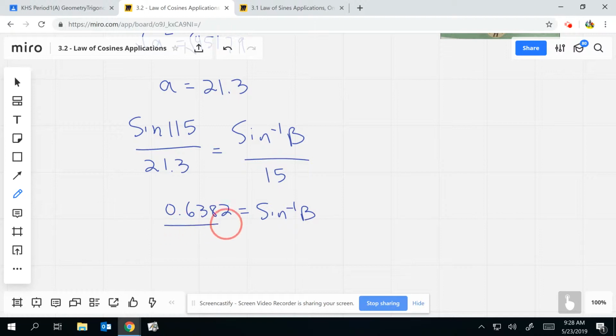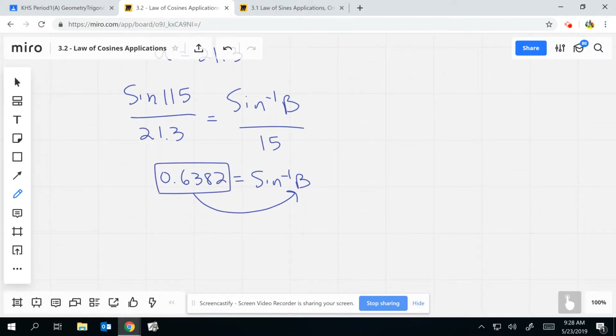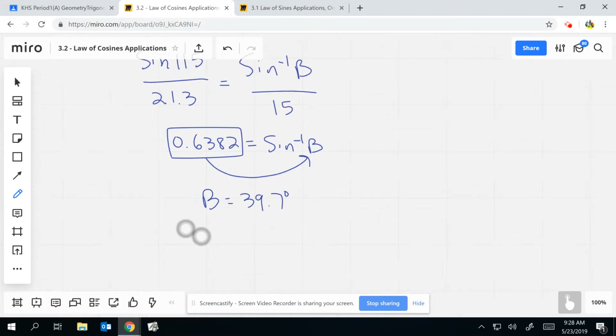So this decimal needs to go into your inverse sine. So let's see, inverse sine. We want to do second function sine, 0.6382. That'll get you your angle B of 39.7 degrees. So you've got two angles. Now you want to find your third angle.